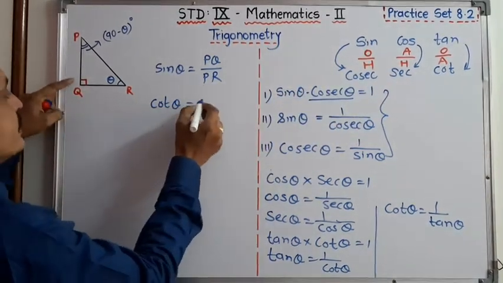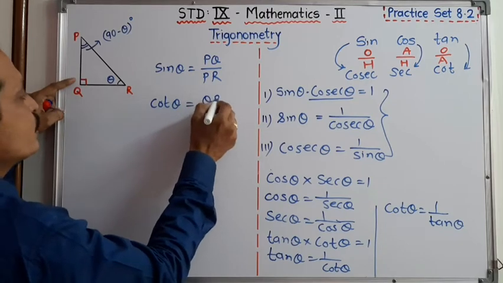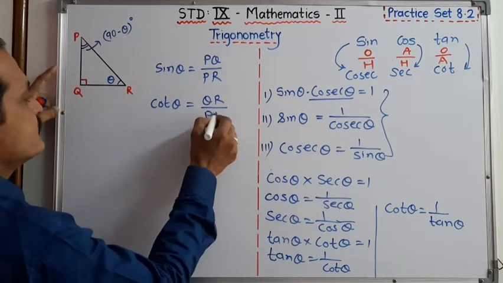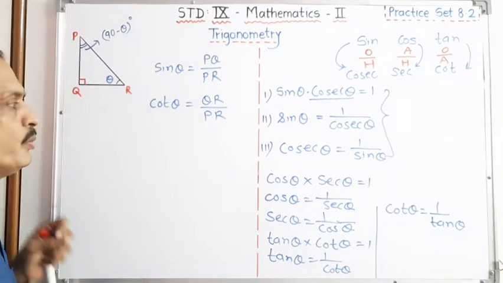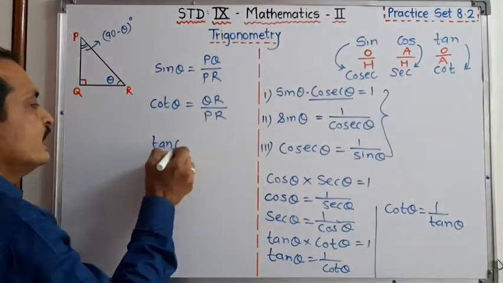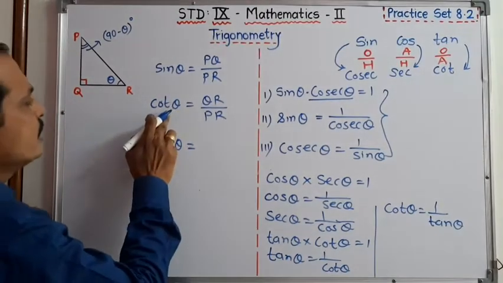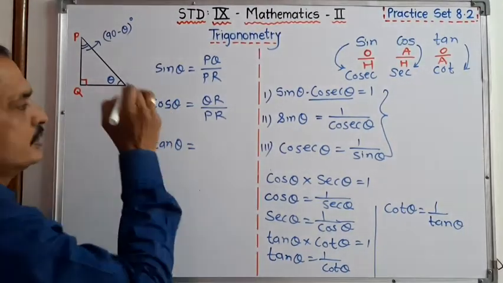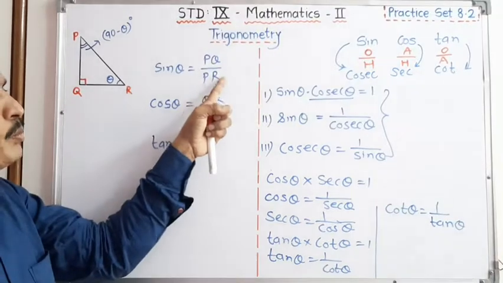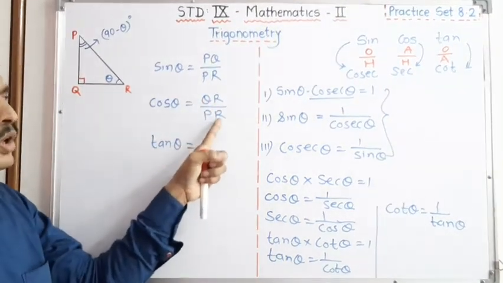Adjacent side is QR and hypotenuse is PR. Now tell me, what about tan theta? See dear student, it is not cot, it is cos theta. Sin theta is PQ upon PR, cos theta is equal to QR upon PR.